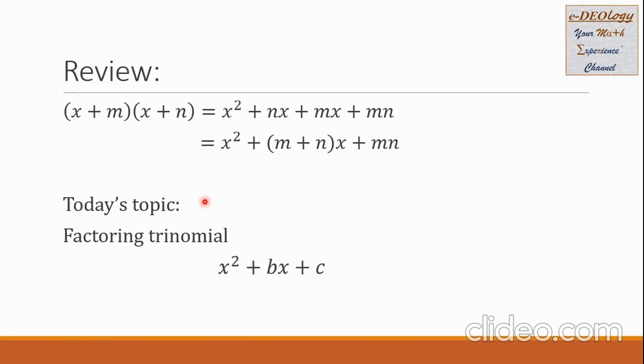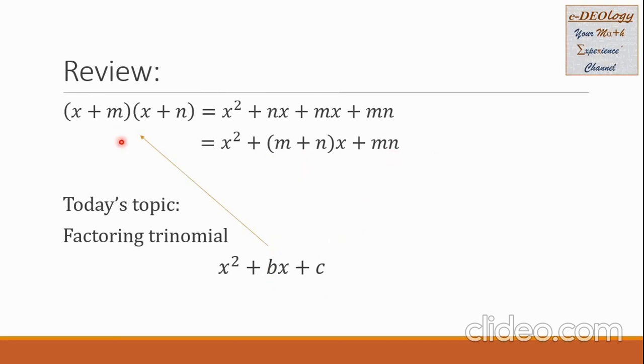So for today's topic, we're going to factor trinomials in the form x squared plus bx plus c, and to compare with our review multiplication on top, I can say that the b here is equal to that m plus n, and the c, or the constant, is equal to that product m times n.